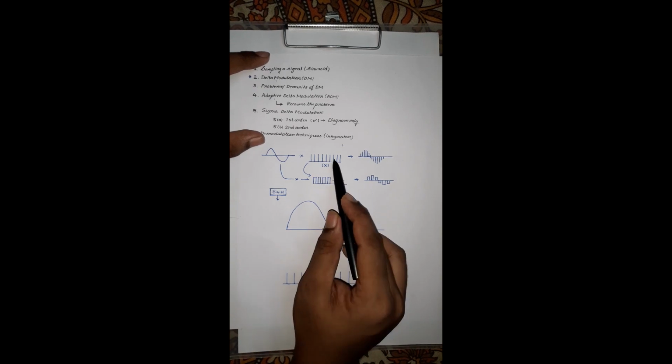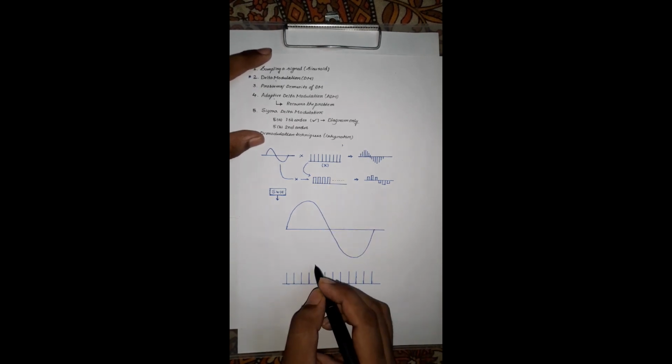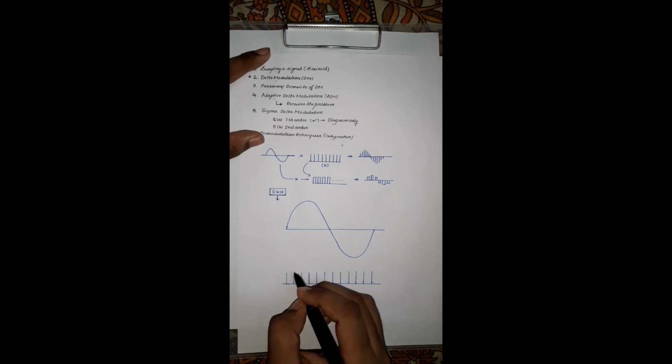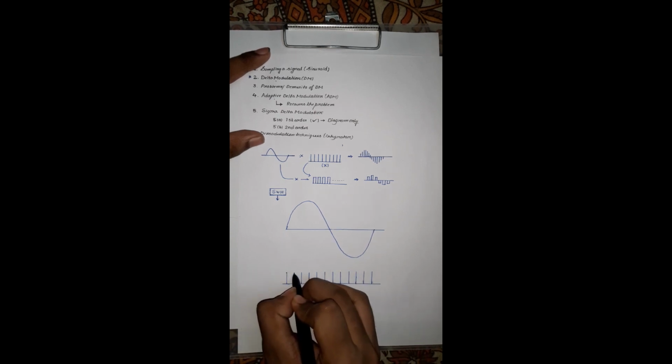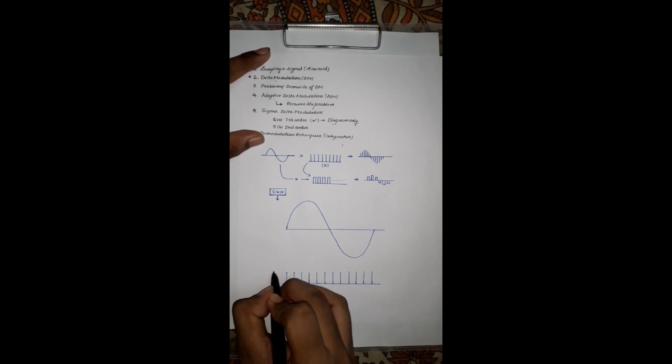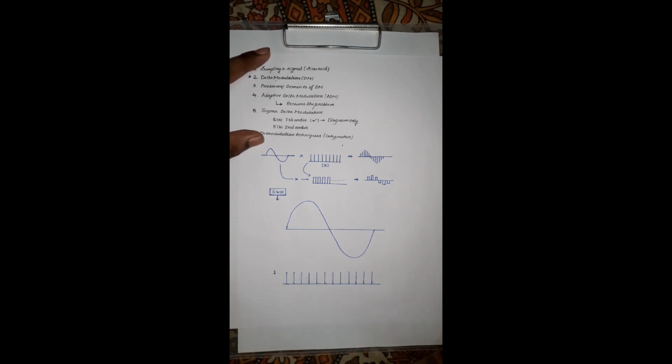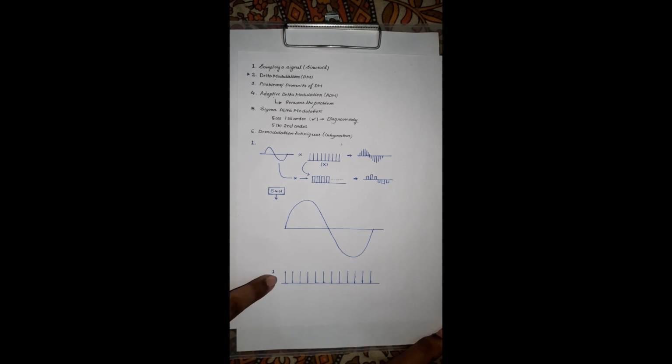For assumption, for calculation, for better approximation, for understanding purposes only, we are taking these impulse trains. I am also assuming that the magnitude of the impulse train is 1 here.